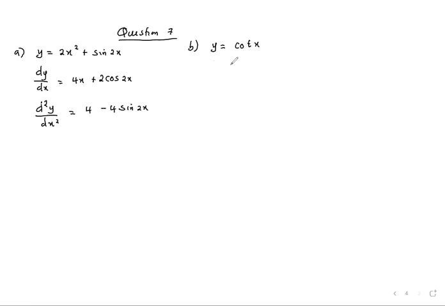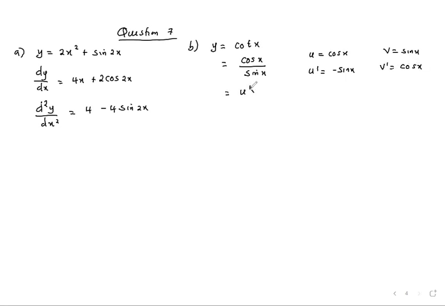So we know that cot is the same as cos over sine. So if we let u be cos, its derivative will be negative sine. If we let v be sine, its derivative will be cos.